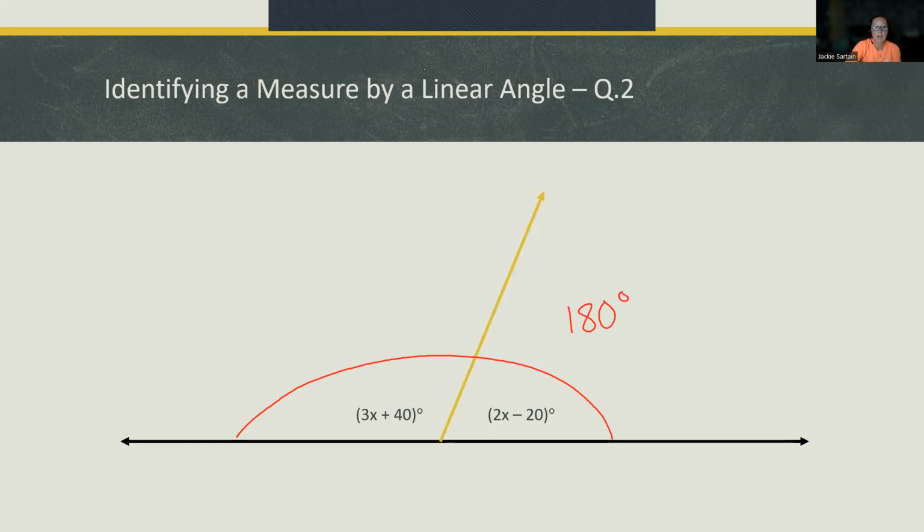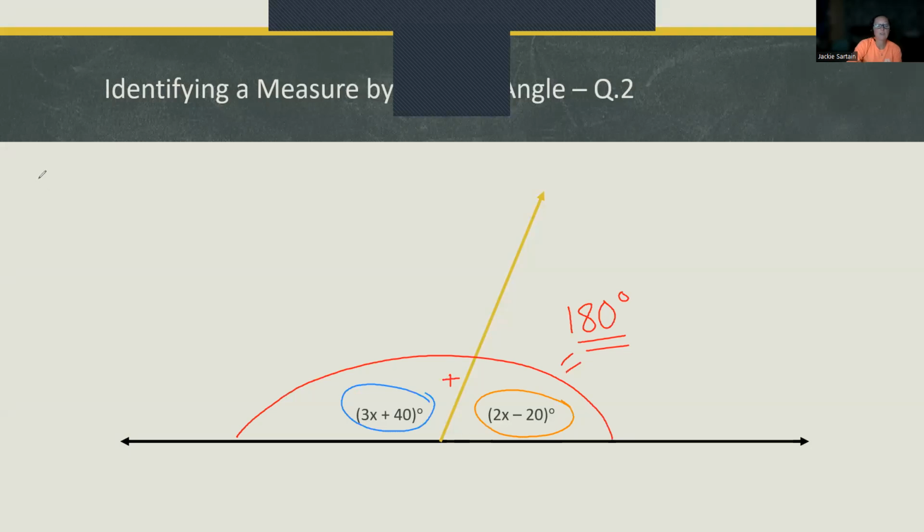So if we have two bits of information here, 3x plus 40 and 2x minus 20, we need to add those values together, set them equal to 180 degrees, and solve, just like we did back in unit 3 from our first semester. We solve for that variable.